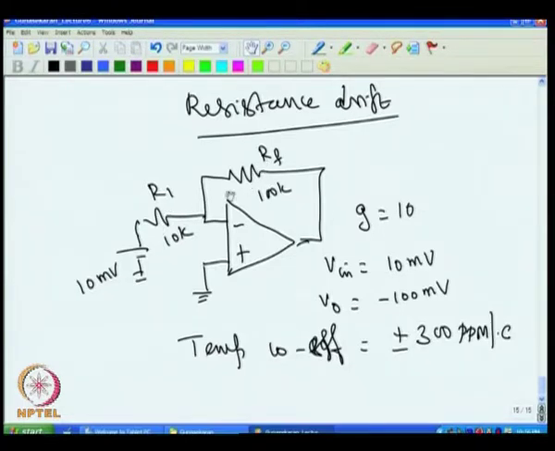However, in the other case, one may not at all change with temperature, another may change minus 700, or one may change plus 100 ppm, another may change minus 75 ppm, because it can be anywhere from minus 300 ppm to plus 300 ppm.